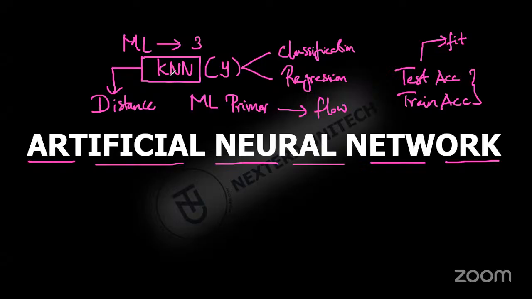We have multiple distance metrics that can be considered: Euclidean, Minkowski, Manhattan, cosine based similarity. So there are multiple distance based metrics which can be used as part of the KNN algorithm.